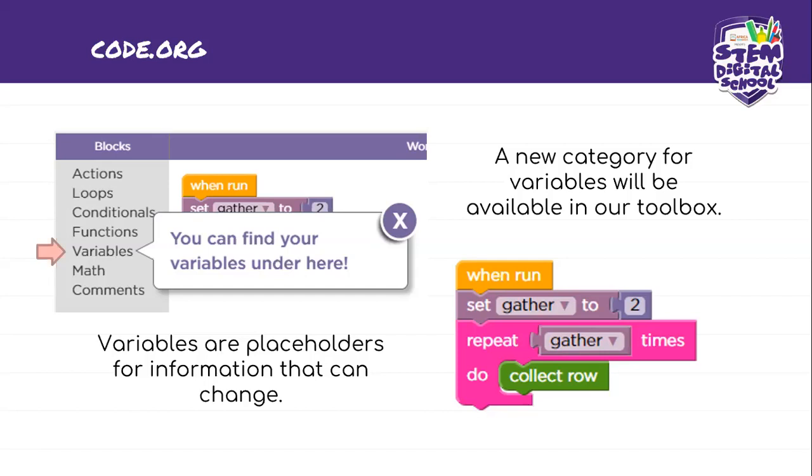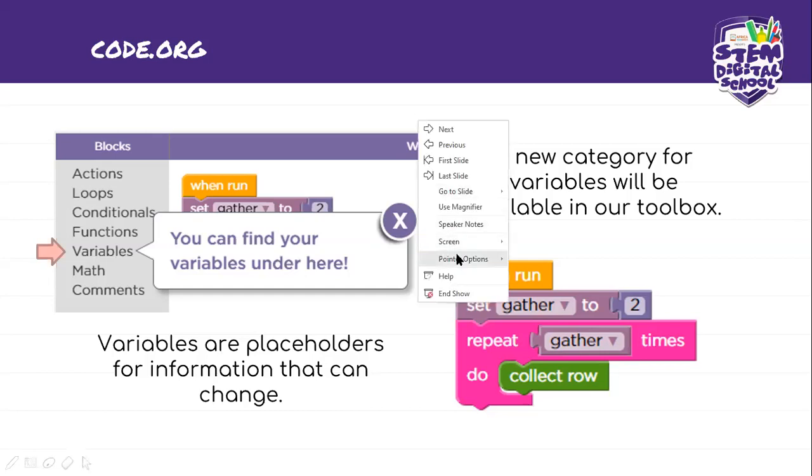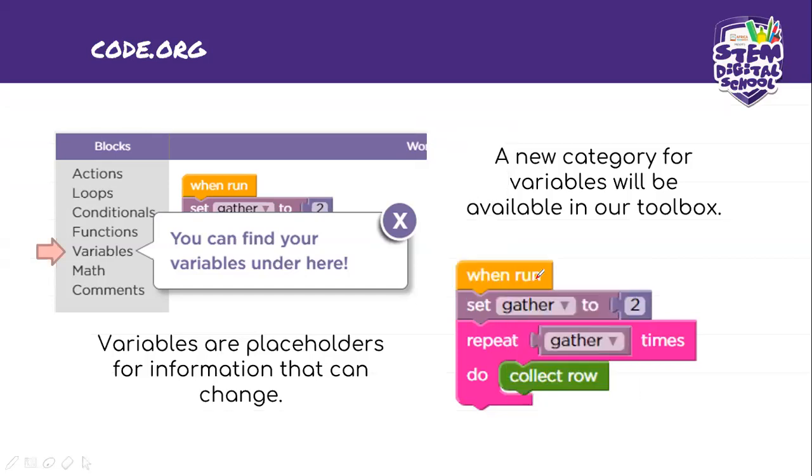What makes this nice, let me change my pointer to a pen quickly so I can write on my screen. What makes this nice is if we have gather in here and we want to change it, our program changes, and we don't want to go and change the value in every repeat, in every loop, in everything where we've used a value.